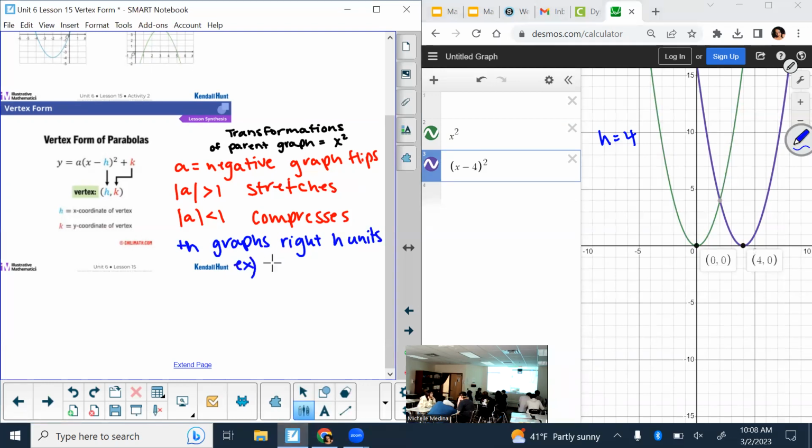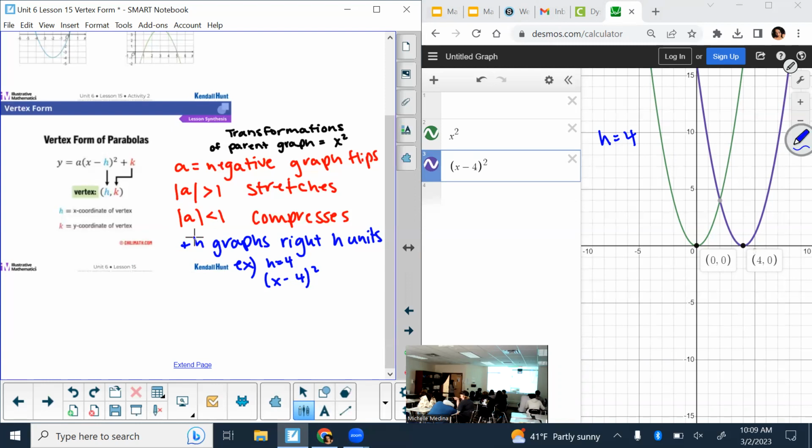So for example, if h equals 4, it looks like this in the problem. It moves 4 to the right. Okay.